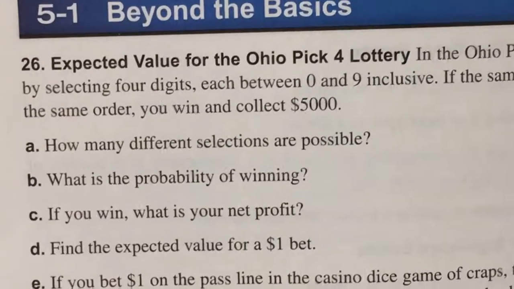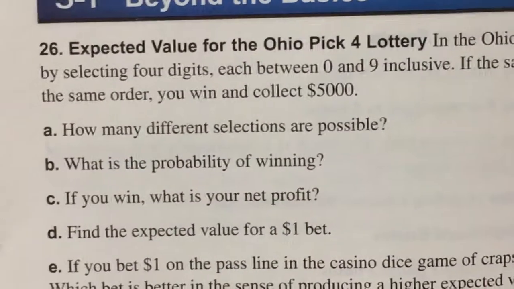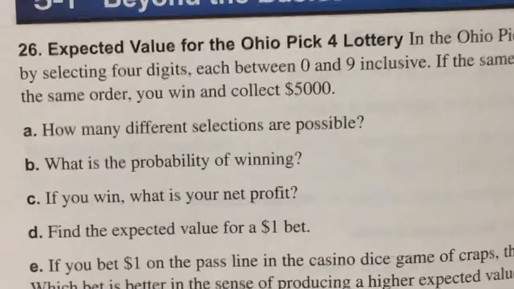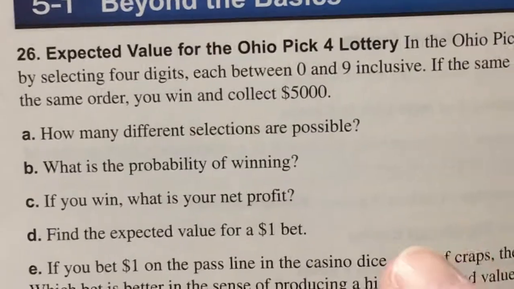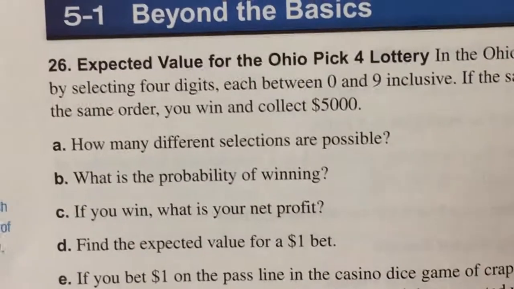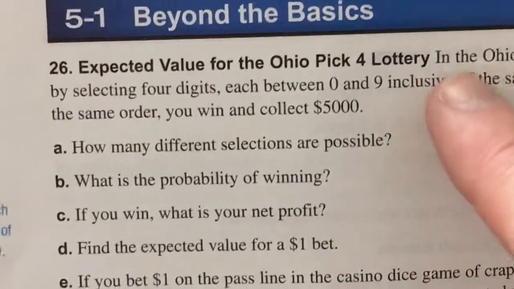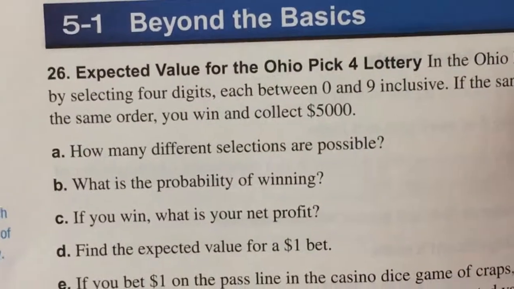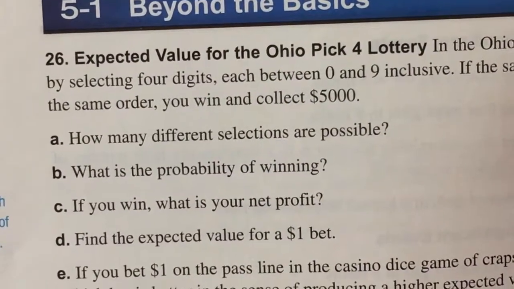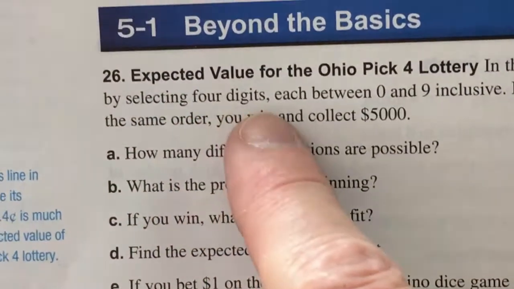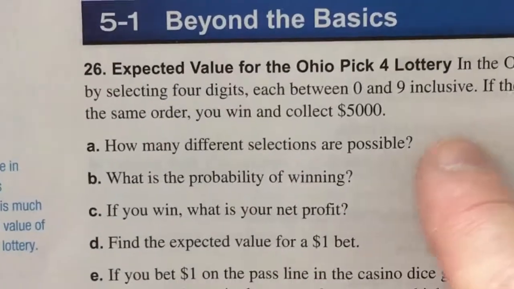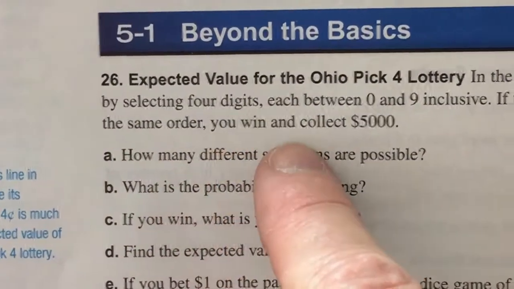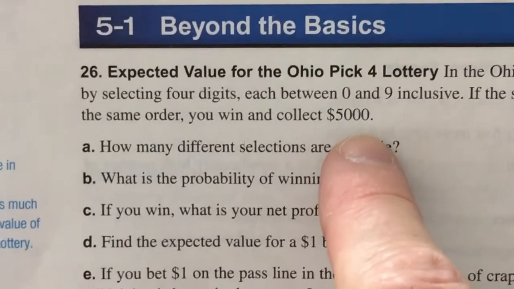In order to do this one, we really have to look at problem number 26, which is talking about a Pick 4 lottery. It says in the Ohio Pick 4 lottery, you can bet $1 by selecting 4 digits, each between 0 and 9 inclusive. If the same 4 numbers are drawn in the same order, you win and collect $5,000.